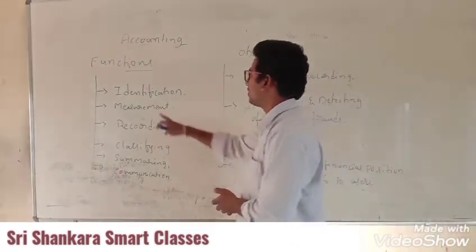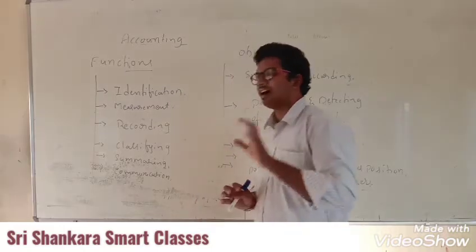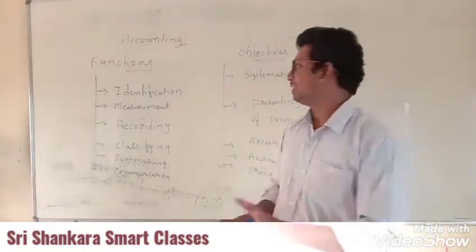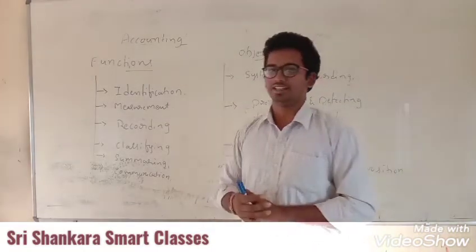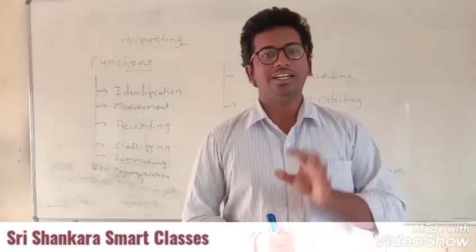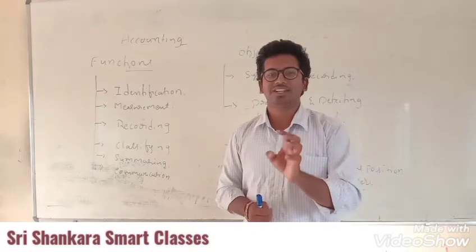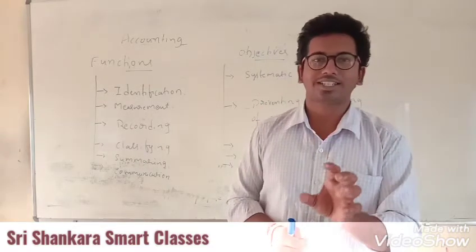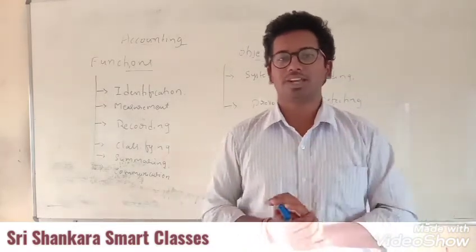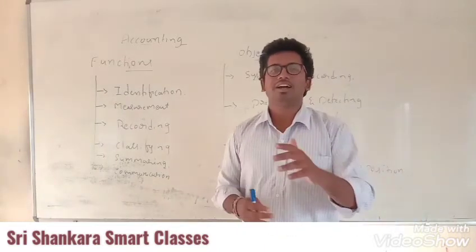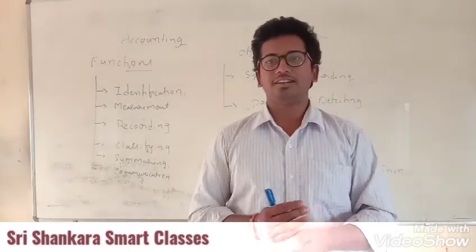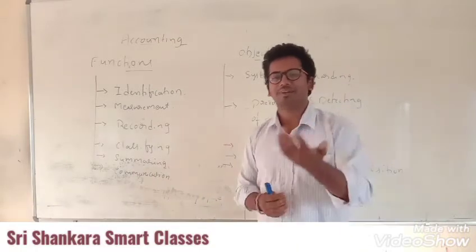So first we start with functions, means how the accounting activities will happen. The first one is identification. Identification here refers to recognizing transactions which will impact the organizational position. Any n number of transactions may happen.